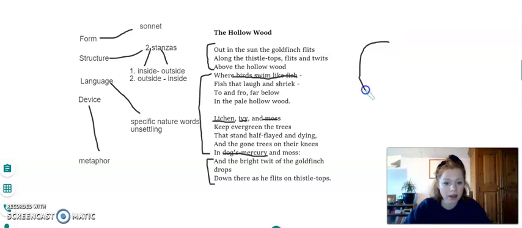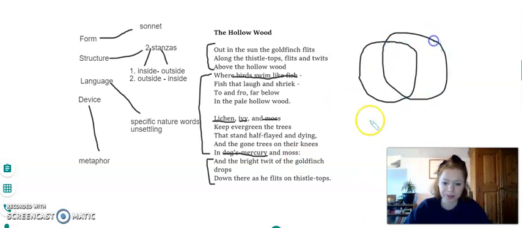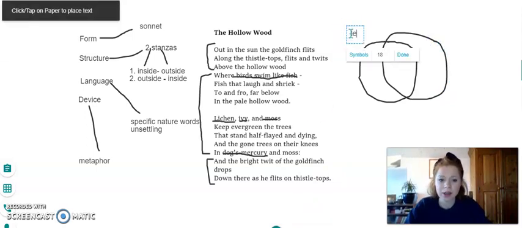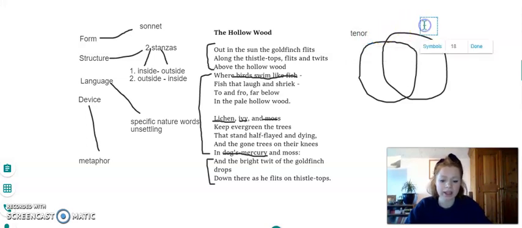So if we have a Venn diagram, one side and then the other, this is how he thought about metaphor. So tenor and vehicle, it might be useful to write this down.